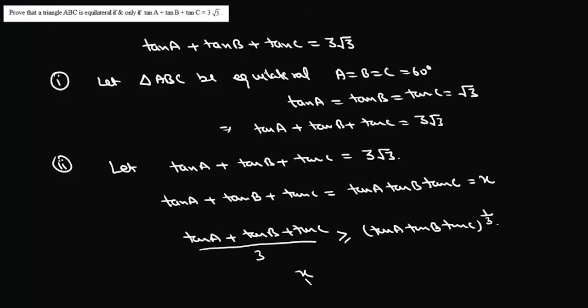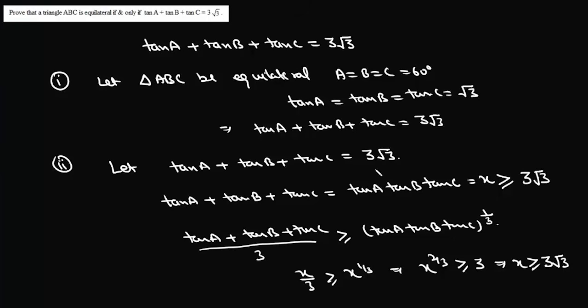So we can write x by 3 is greater than or equal to x to the power 1 by 3, or we can write x to the power 2 by 3 will be greater than or equal to 3. So from here we can write x is greater than or equal to 3 root 3. So for any triangle, this tan A plus tan B plus tan C will always be greater than or equal to 3 root 3.